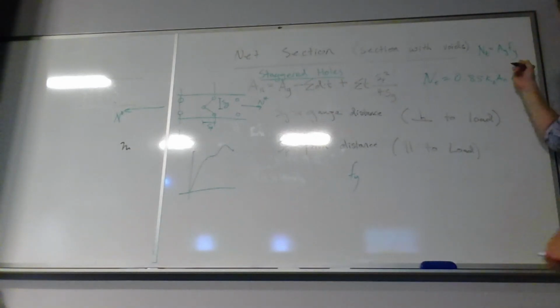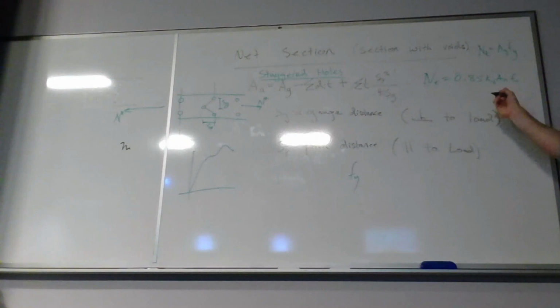Why do we use yield stress up here but ultimate stress down here? What do you reckon? Any guesses, any clues? So related to limit state design? Good guess, but no, not really.